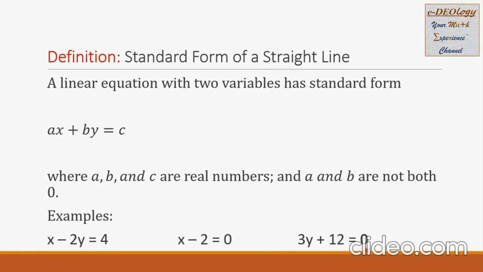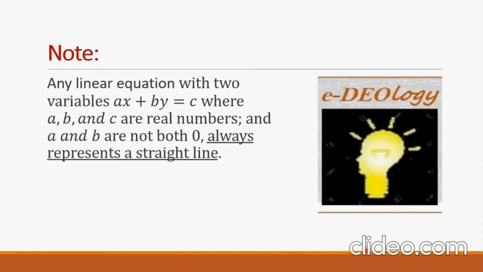So the value of c is negative 12. Let us note any linear equation with two variables ax plus by equals c, where a, b, and c are real numbers and a and b are not both 0, always represents a straight line.